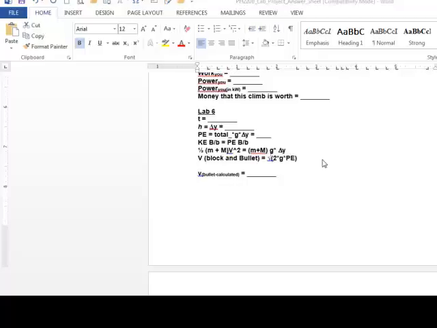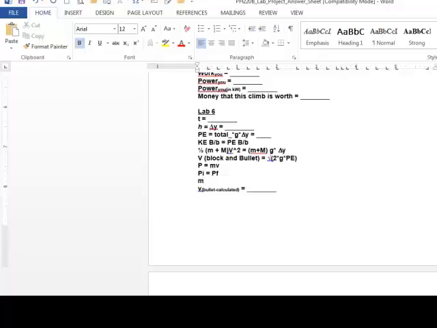So now that we've determined that, we then use the conservation of momentum, which says, remember, momentum is mv, so P equals mv. In this case, the P initial has to equal the P final. We're talking about the collision of the bullet with the block.